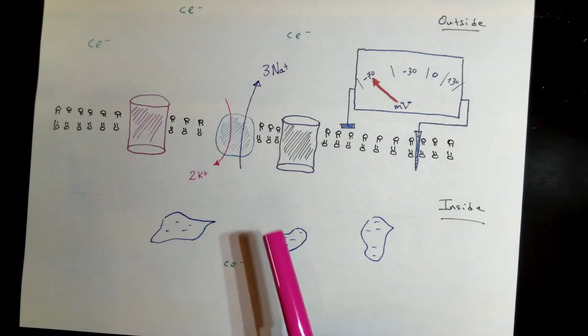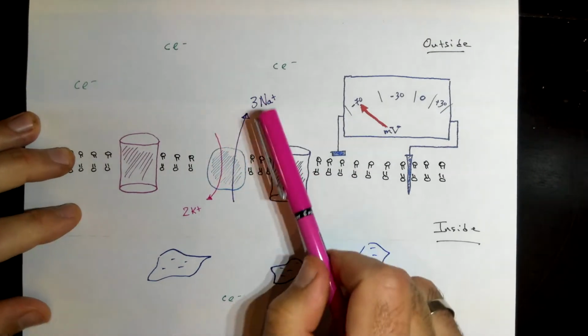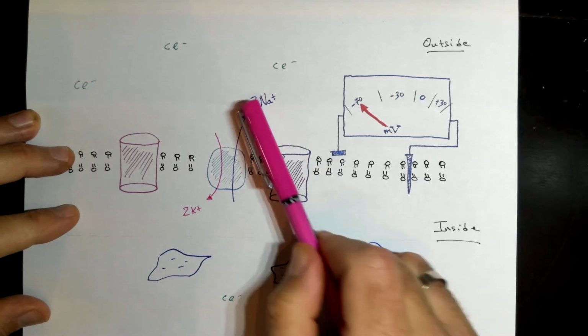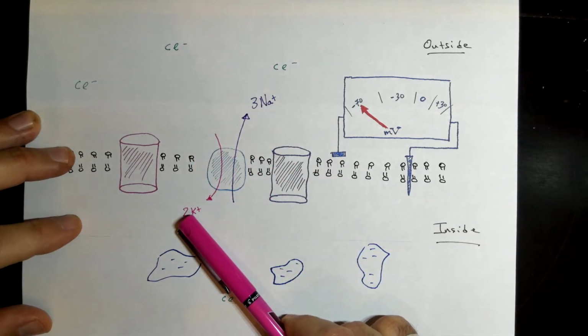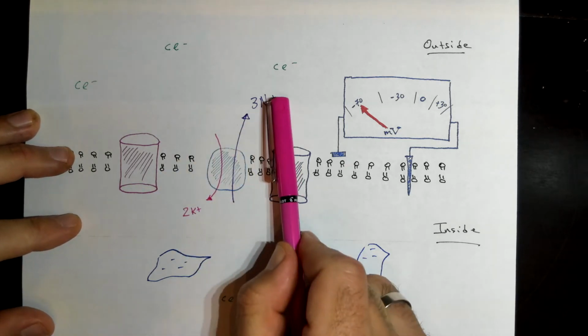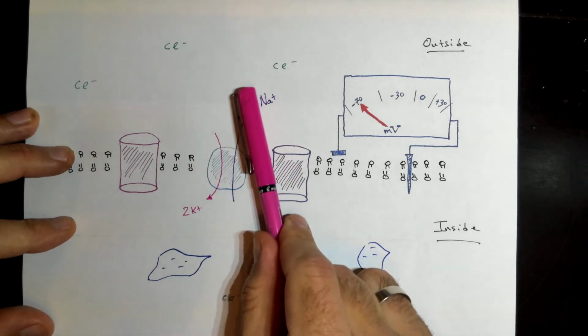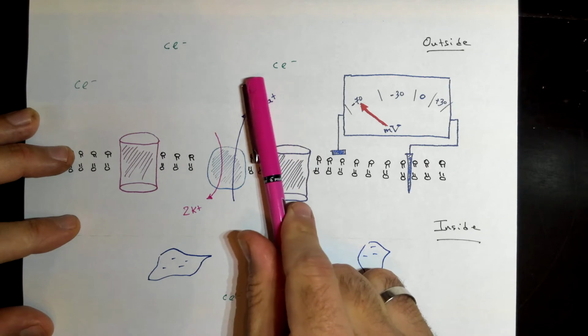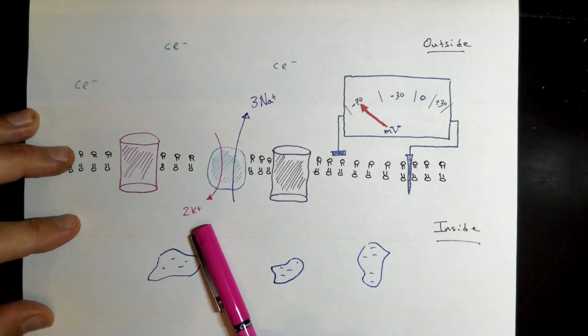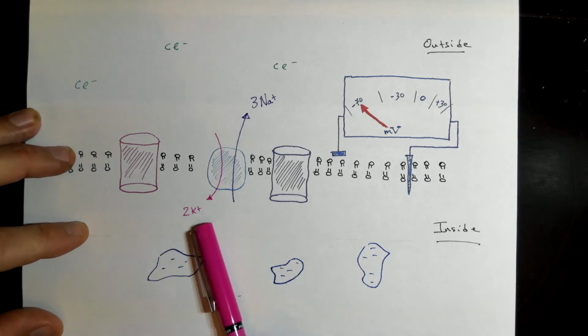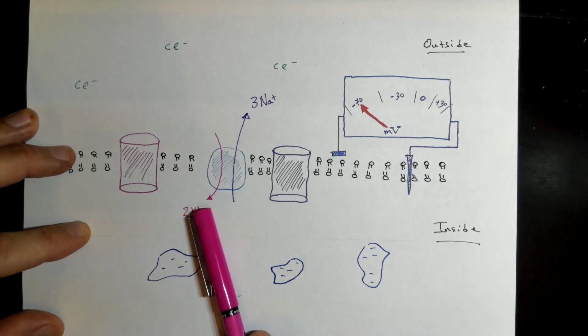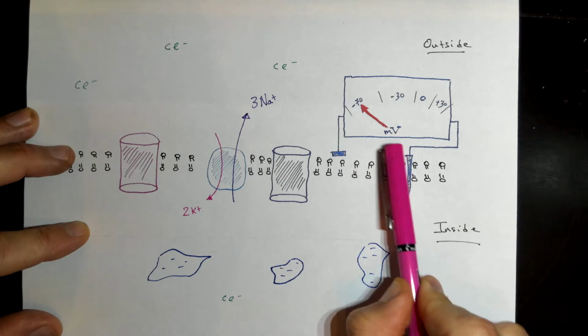So you want to think about it this way. First of all, if 3 positive things are going out every single time 2 positive things are going in, then that means that the outside of the cell will tend to be more positive than the inside. Another way of saying it is that the inside will tend to be more negative, which is what this is telling us.